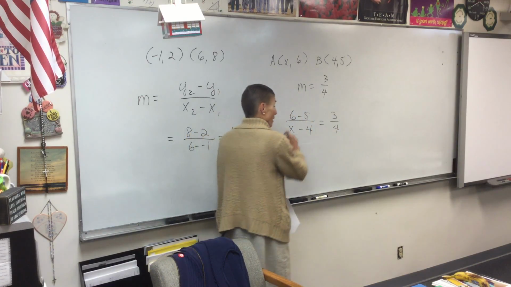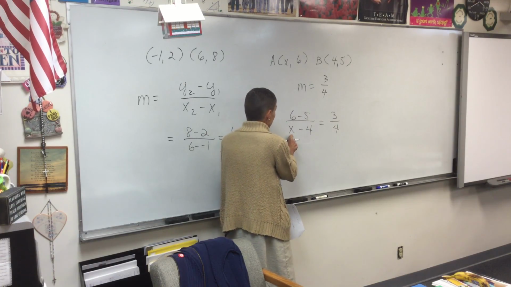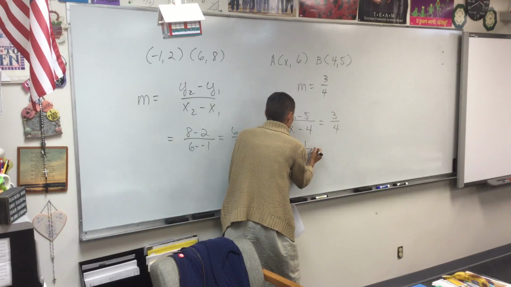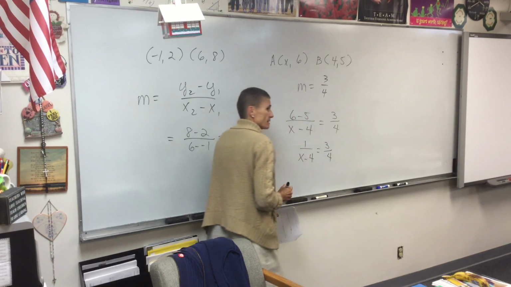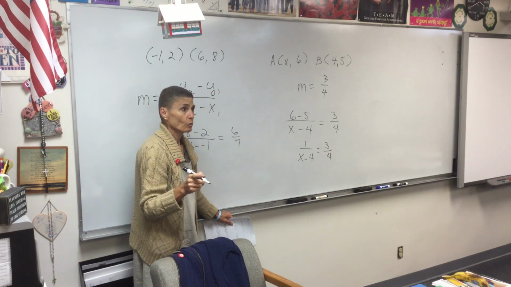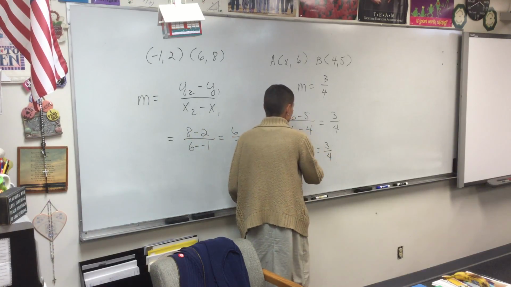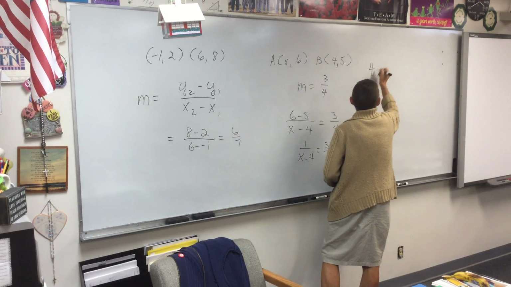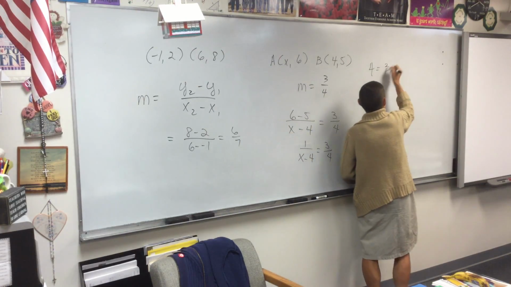So now I can try to solve this little equation to figure out what that x has to be. So 6 minus 5 is 1. How do I solve something like this? Cross multiply. So I'm going to take 4 times 1 and 3 times x minus 4.